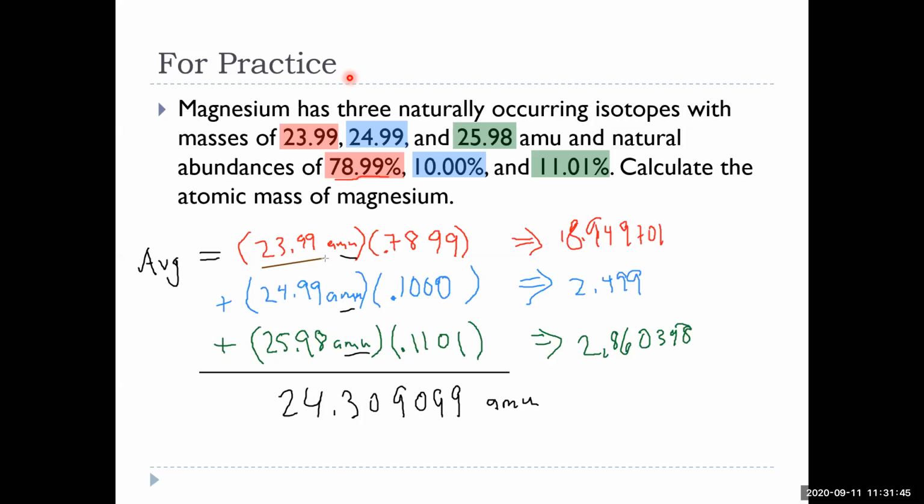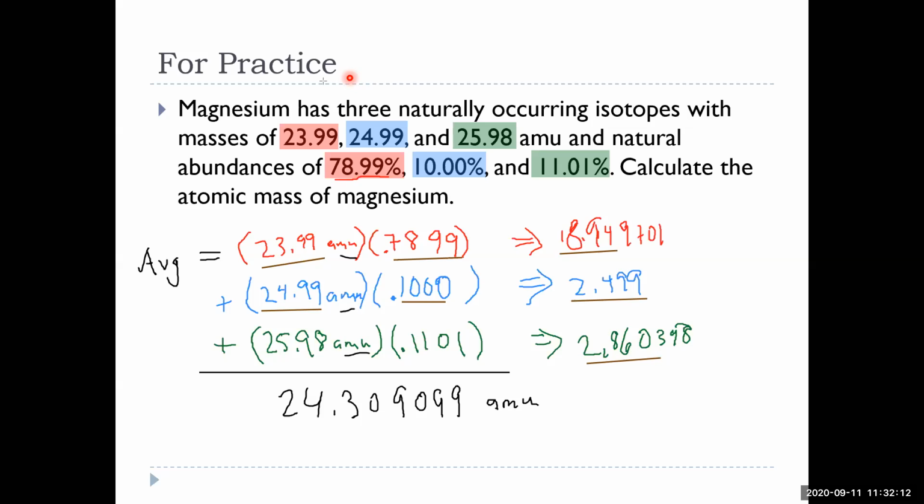We have 4 significant figures times 4 significant figures, we know this value out to 4 significant figures. Same thing for our second value, 4 sig figs times 4 sig figs. Okay, we know this out to 1, 2, 3, 4 significant figures. Our third isotope, same story, 1, 2, 3, 4 significant figures.